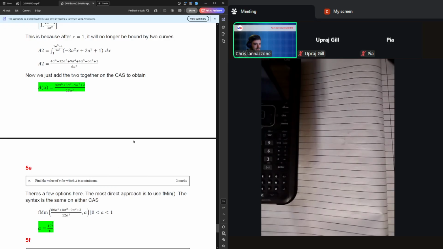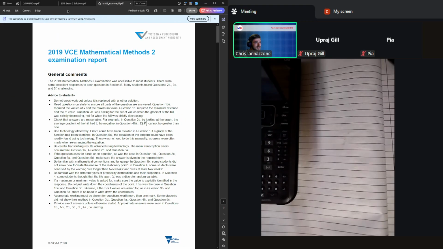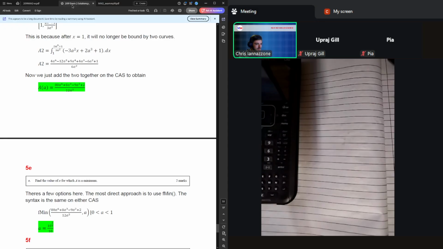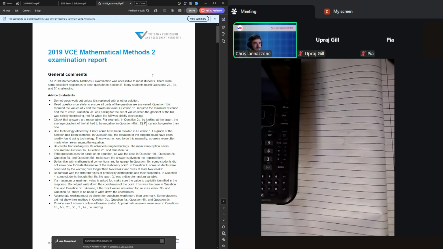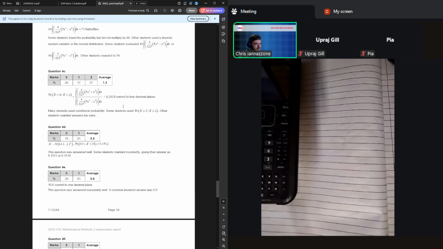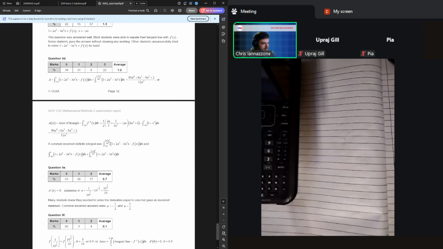But as far as getting the second mark there, you might want to just chuck in a derivative equals 0, just for the hell of it, to say, hey, look, I did some working. Because I think the exam report complains about CAS syntax for working out. Let me just suss that out real quick. 5e.